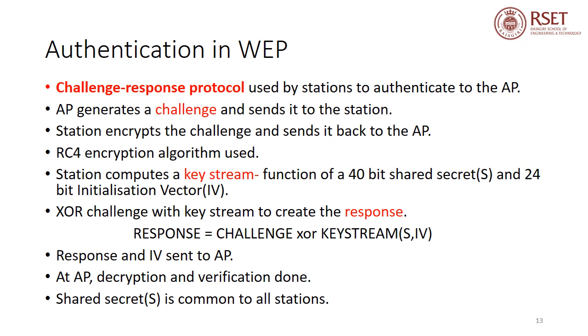Using this shared secret value S and the 24-bit initialization vector IV, a key stream value is computed, and this key stream value will be XORed with the challenge value just received from the access point.